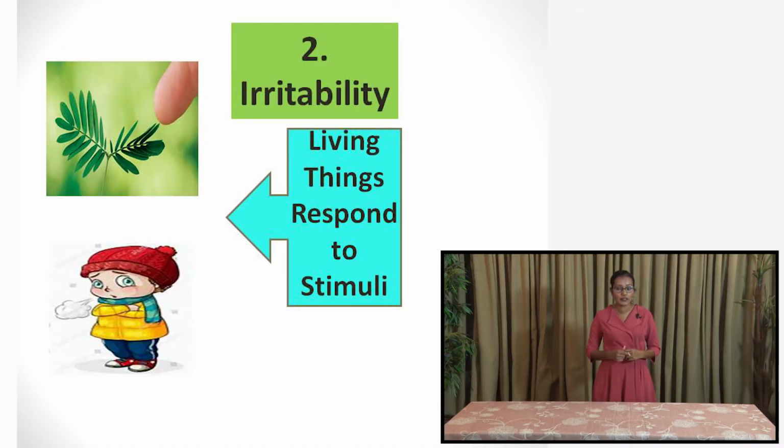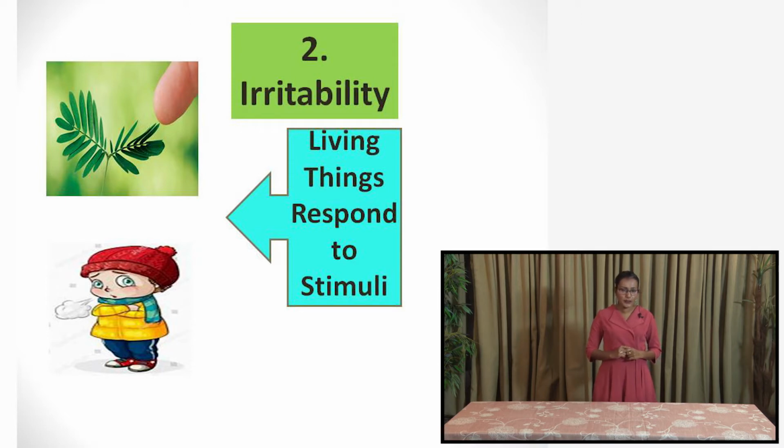Two, irritability. In simple form, you could say living things respond to stimulus. Now, if you look at the picture at the top, it has a plant with somebody touching it. And as they touch it, it's closing in. Now, that is because it is responding to a stimulus, right? If you look at the picture at the bottom, it's a boy.